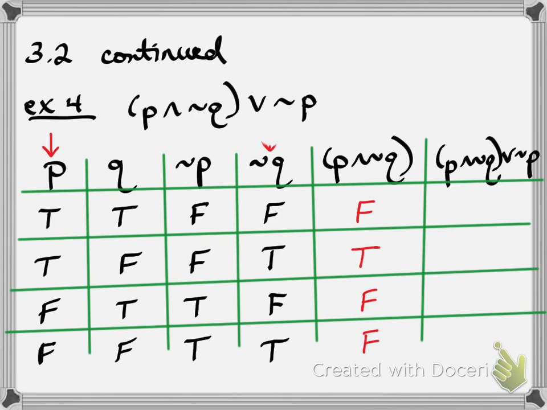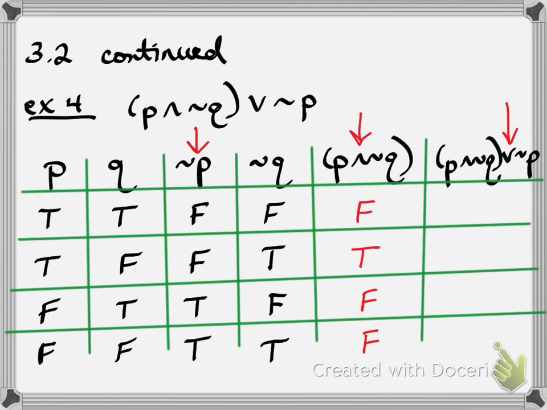And then false, false. And now this last statement is another compound statement. And it's dealing with that set of parentheses that we just looked at, and negation P. Those are the 2 columns we're focusing on. And it's a disjunction, so it's an or. Ors are true as long as at least one of them is true.